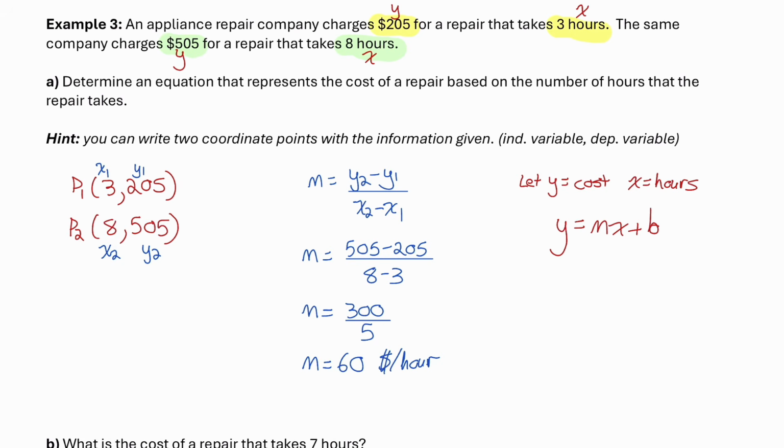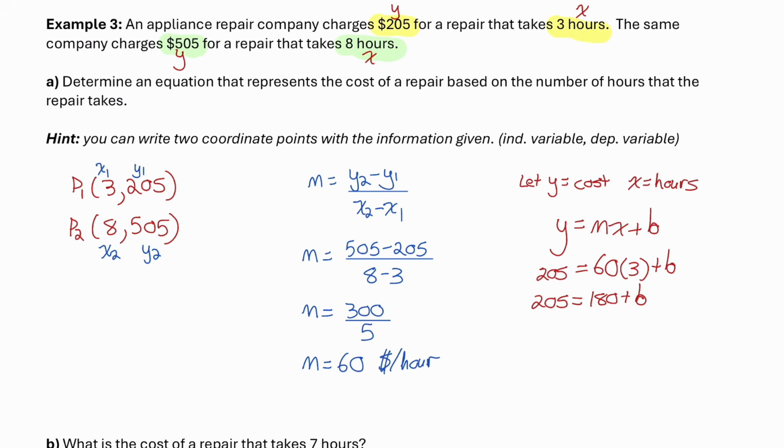But there might have been an initial cost. To find that initial cost before any work is done, into y equals mx plus b, sub in our m value of 60, and then pick either of our points to sub in for x and y. I'll pick my first point. If I solve for b, I have 205 equals 180 plus b.